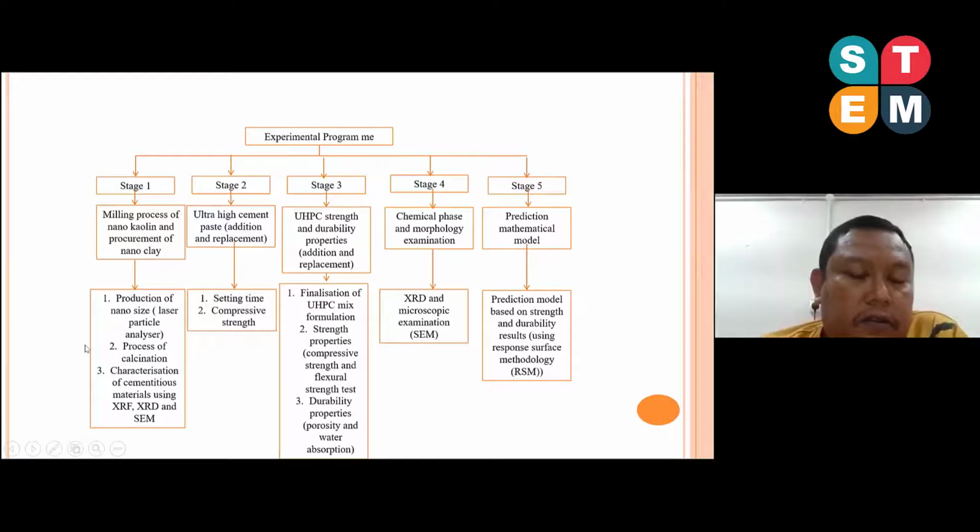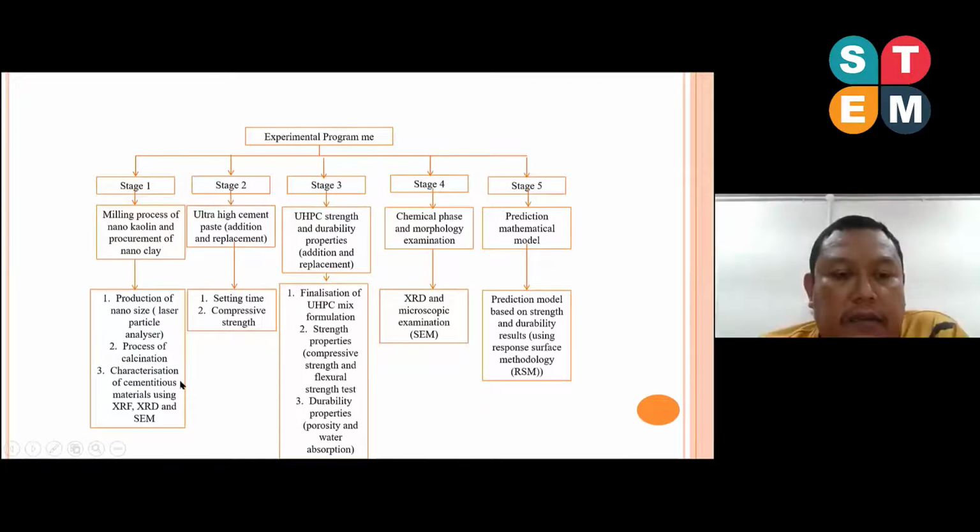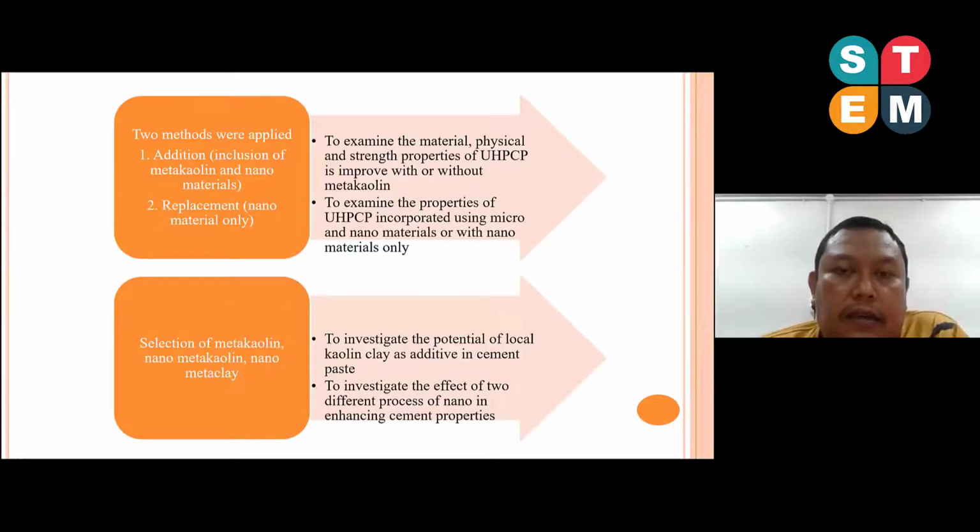Okay, for stage 1, we focus on characterization of the nanoparticle itself based on XRF for the elemental composition, XRD for the phase composition, and SEM for the imaging results. Two methods were applied in this study: the first as addition, and the second as replacement.